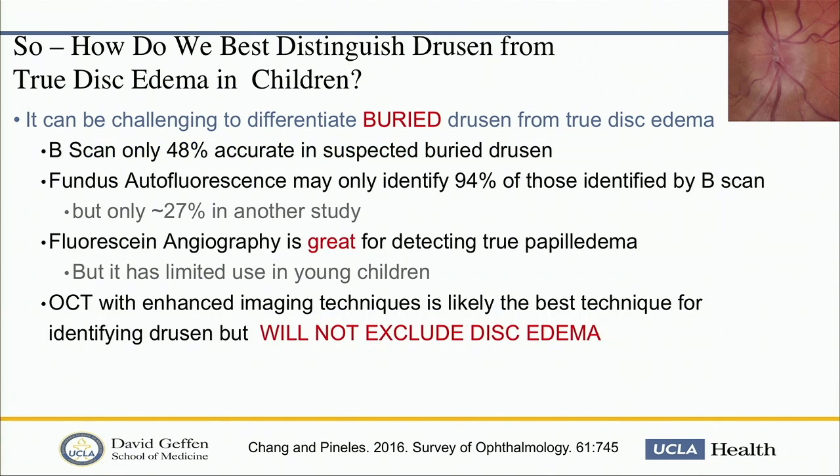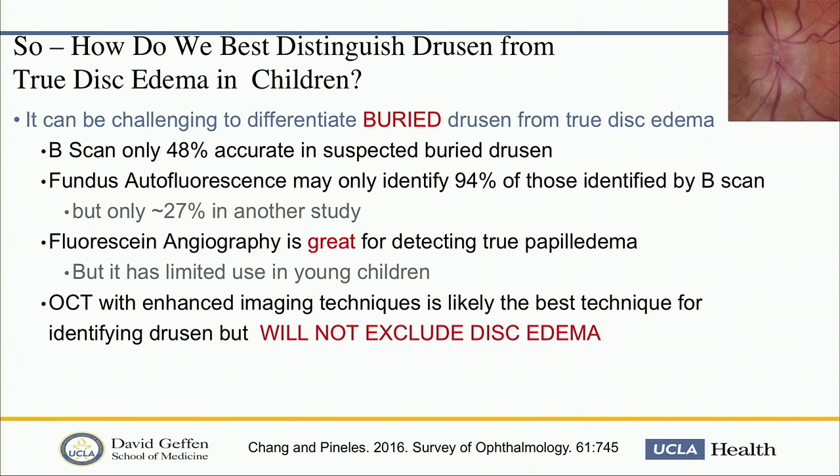B-scans are accurate in about half of the cases. Fundus autofluorescence can identify some of them that are identified by B-scan, but there's variability depending upon which studies you look at. Fluorescein angiography, and I might say that our two organizers of this session have written extensively on this topic.